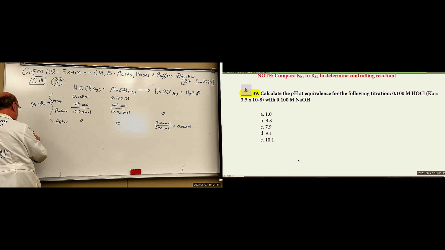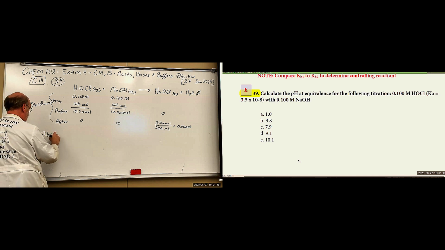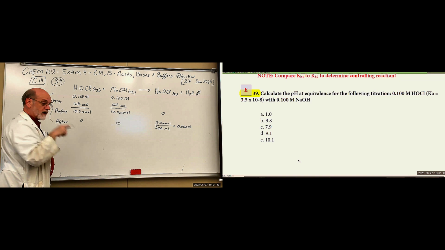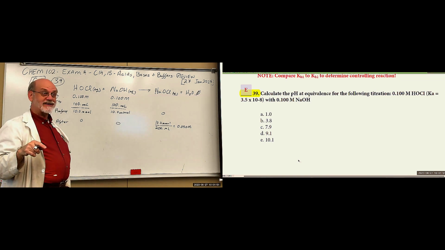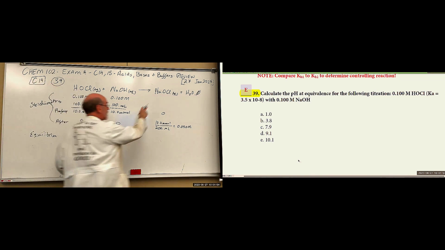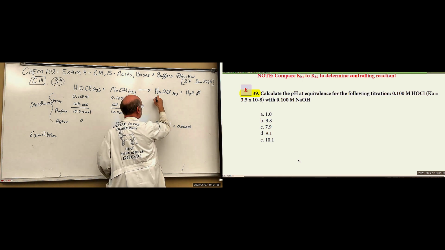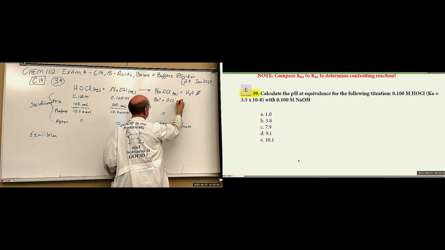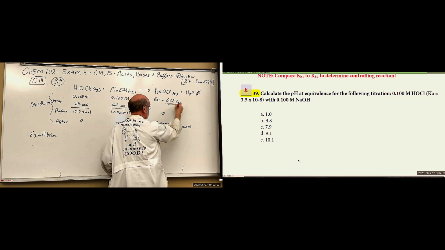Now we're going to do the equilibrium. And this calls for an ICE table. It calls for a new controlling reaction. What do we got here? When this is in solution, it produces what? Sodium ions plus hypochlorite ions. That's what we're interested in right there.